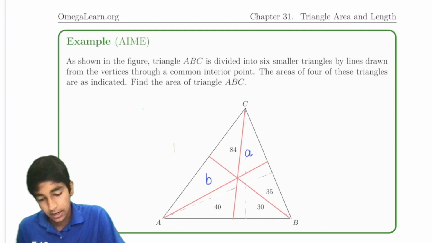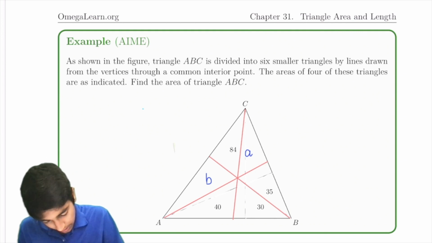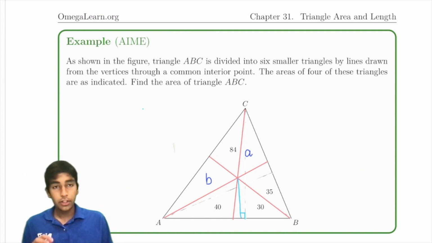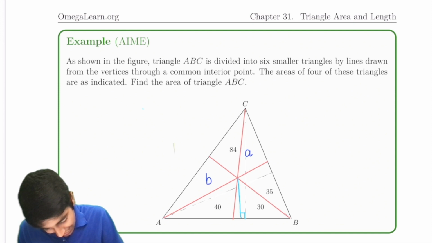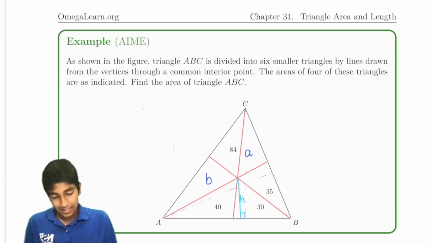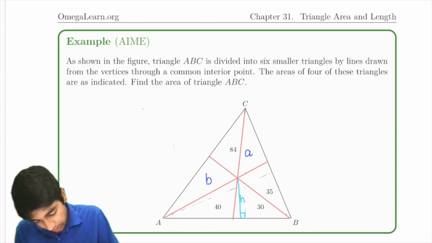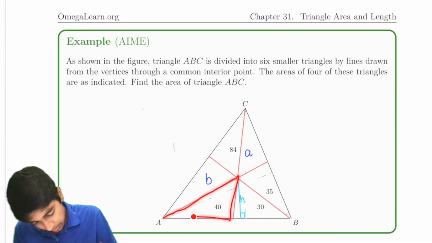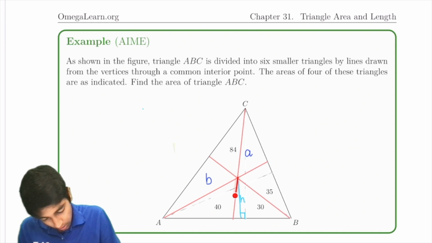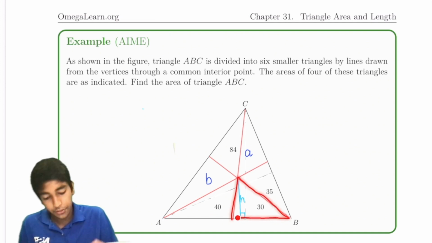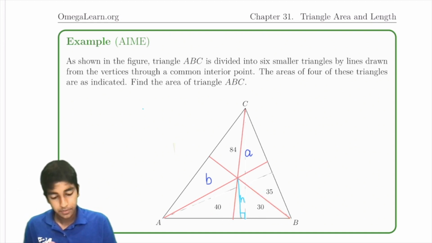Well, the key thing here is that what we can do is drop an altitude right here. So the key thing is that this altitude h is shared between this triangle and this triangle, which have areas of 30 and 40 respectively.